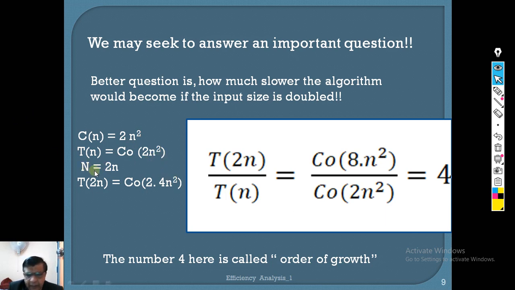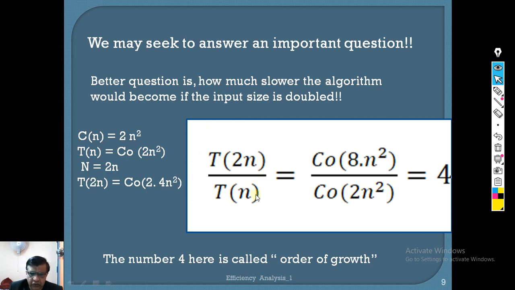Now, I will double the input size. n will become 2n. Then I will substitute over here T of 2n, the time taken by the algorithm upon making the input size doubled. It is C0, 2 remains over here, and in place of n, I will substitute 2n, it becomes 4n square, that is C0 into 8n square.